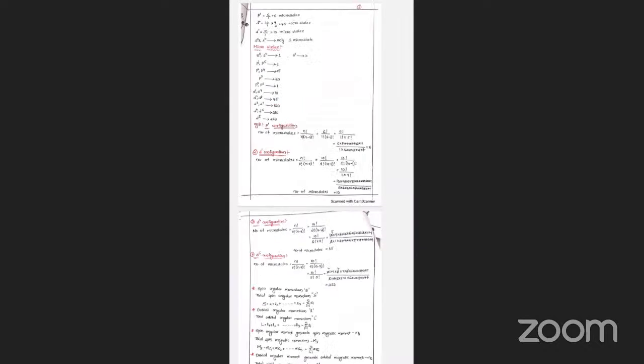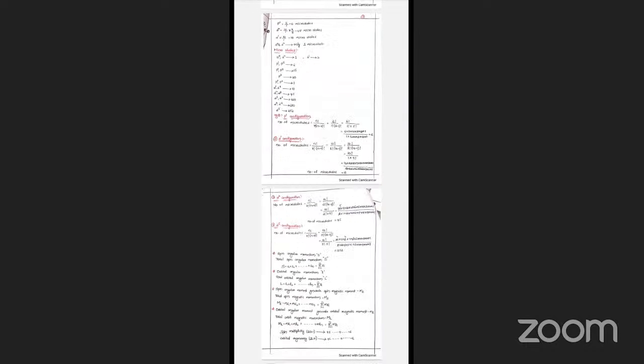Observe here. I will write one by one. You can take any configuration: D2, D3, D4, D5. I will write how many microstates are there, and you can cross check that. I will write the complete data of microstates.